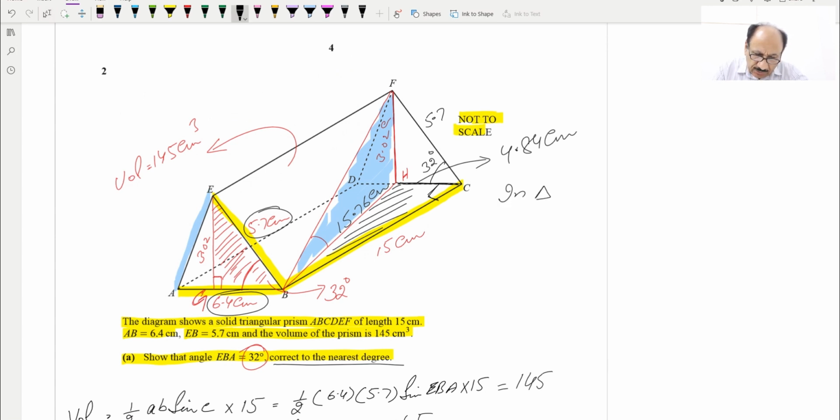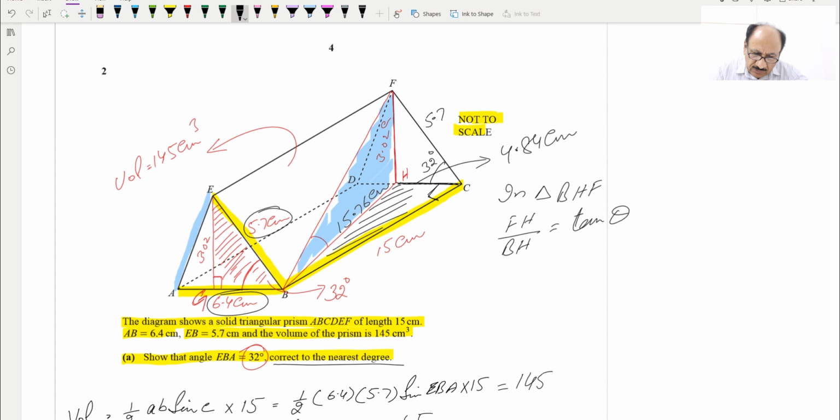So in triangle BHF, we are taking this one, FH over BH. FH over BH will be equal to tan of theta.